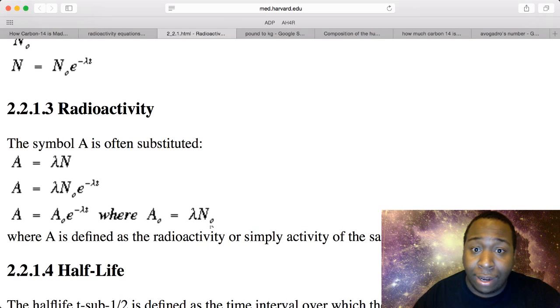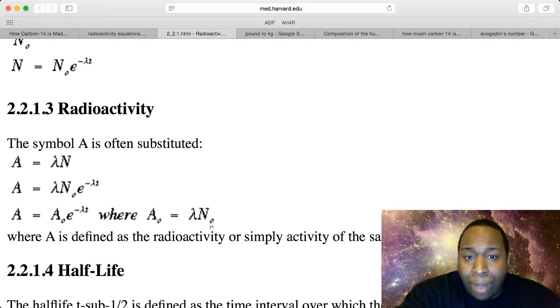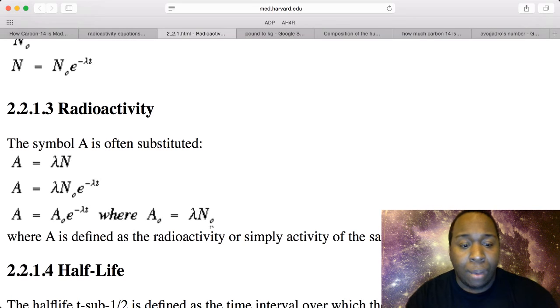And we've calculated N naught, so that's our initial amount of substance that we're beginning with. In our case, we calculated it to be on the order of 10 to the 14 carbon-14 isotopes. And we want to get A sub 0. But to do that, we need to know what lambda is. And lambda in this equation represents the decay constant.